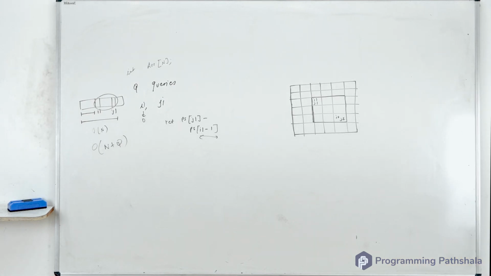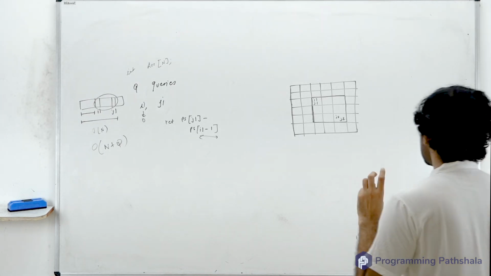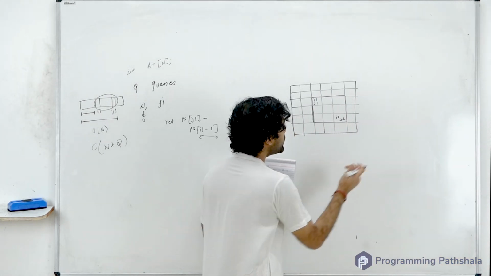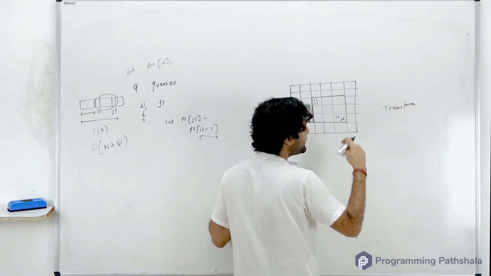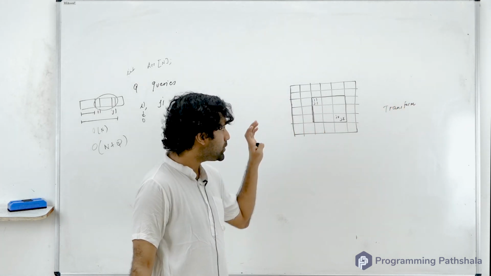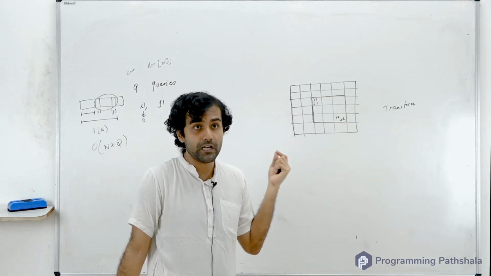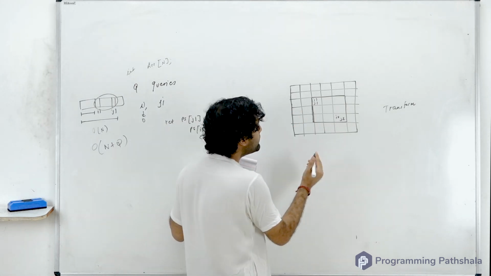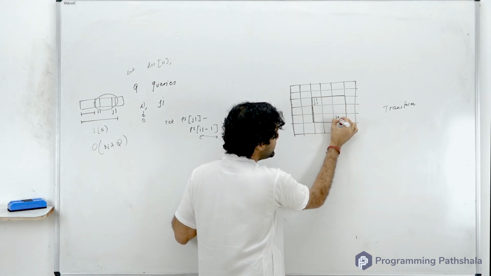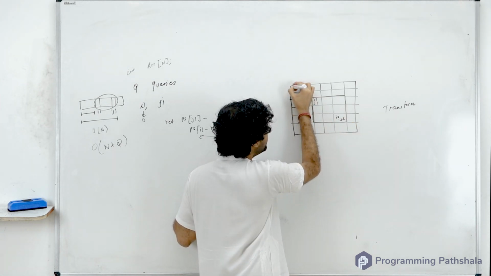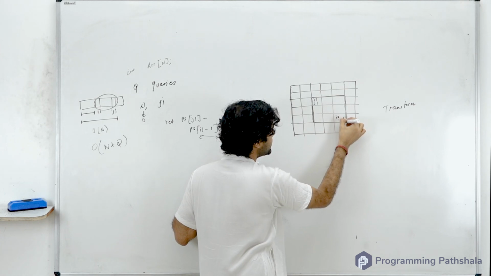Let us all understand it, okay? So guys, first understand one thing. I am going to transform this matrix into a different kind of matrix. What that matrix will do is that whatever is the value at a particular cell, let's say this cell, it will contain the sum of this submatrix.